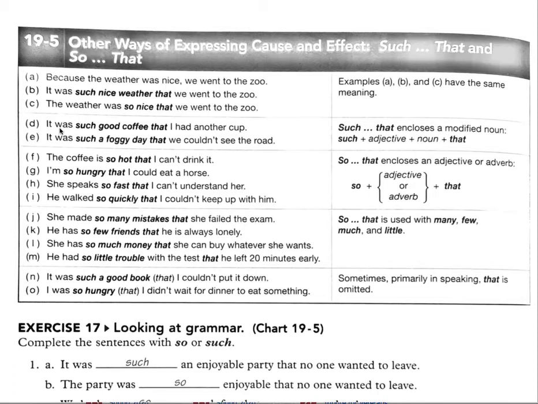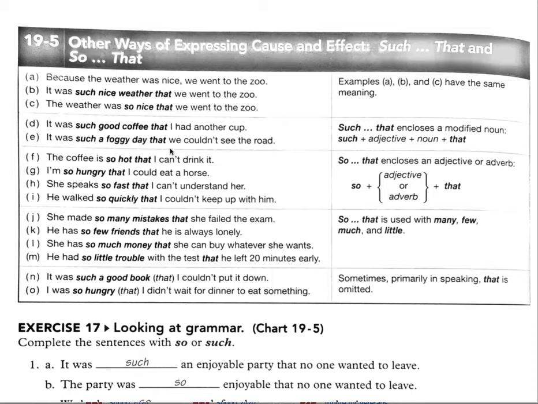Now we look at examples D and E. It was such good coffee that I had another cup. So here you have such and that with a modified noun, which means an adjective and a noun. Good is the adjective, coffee is the noun. Letter E. It was such a foggy day that we couldn't see the road.